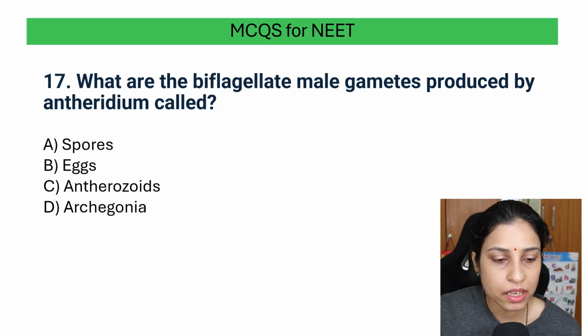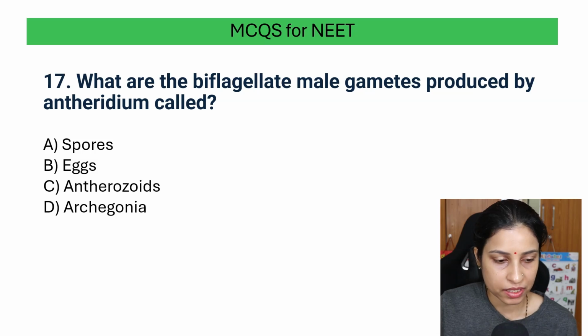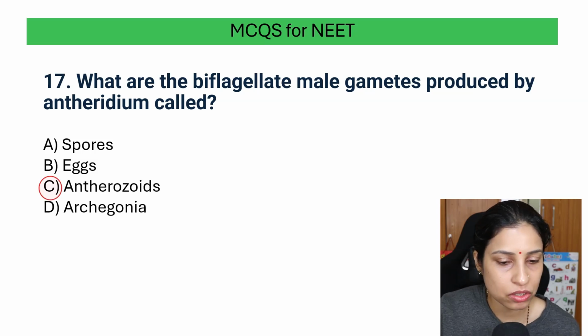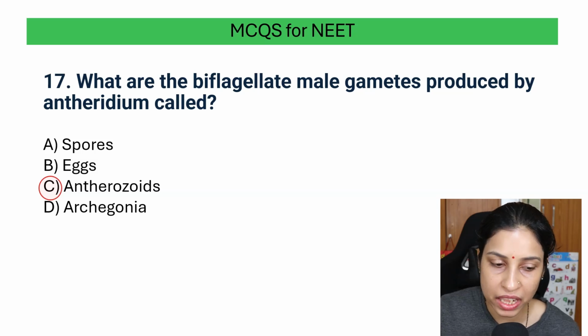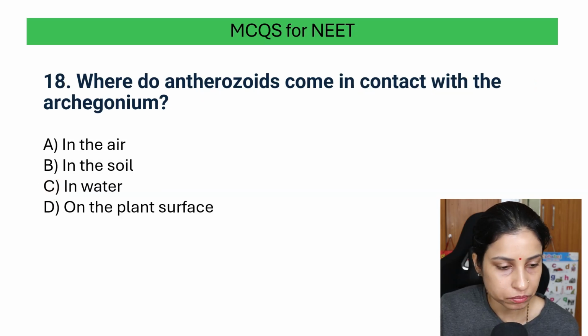Next, what are the biflagellate male gametes produced by the antheridium called? The antheridium is a male sex structure. They produce which kind of gametes, and what are they called? That is called an antherozoid. Biflagellate antherozoids are produced from the antheridium.